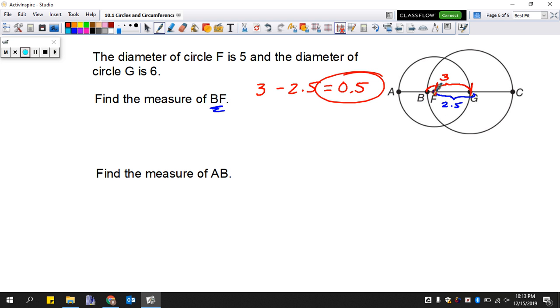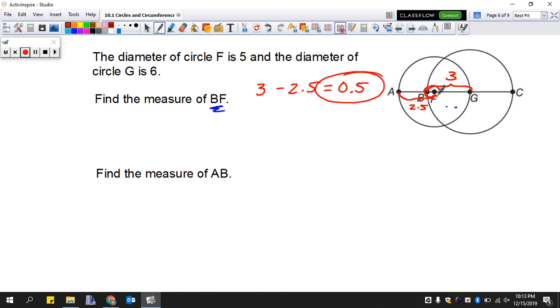Well, now the measure of AB. Let me redraw this again. From A to F is 2.5, and from B to G is 3.